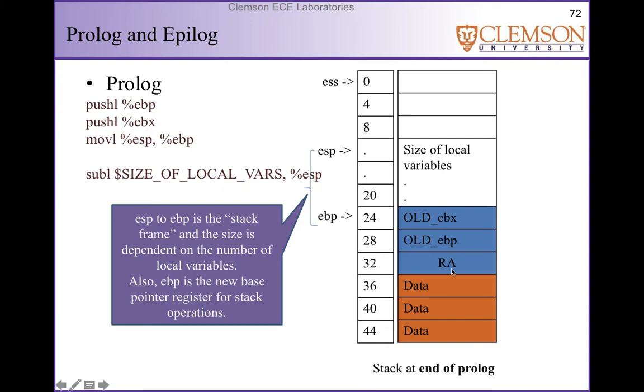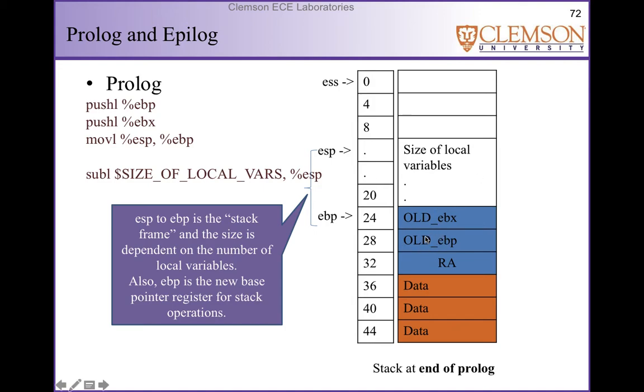So with that call, it saves the return address. It's a call, so it has to save the return address. And then when you're pushing EBP, we're assuming that the C code was using register EBP, so you need to save it.